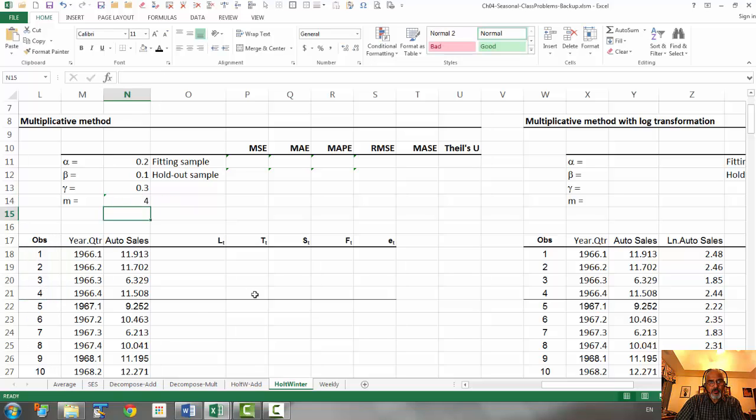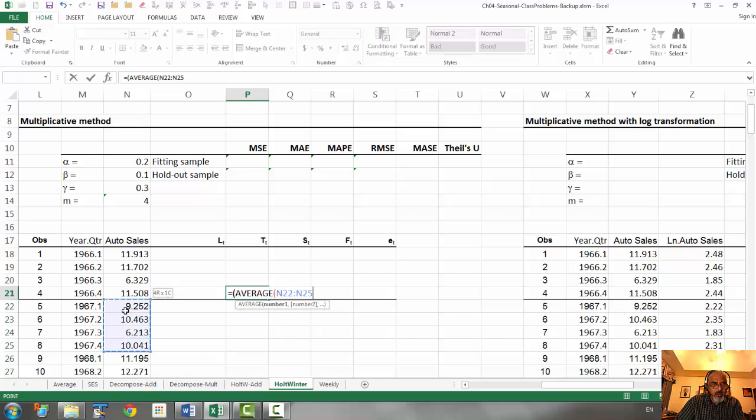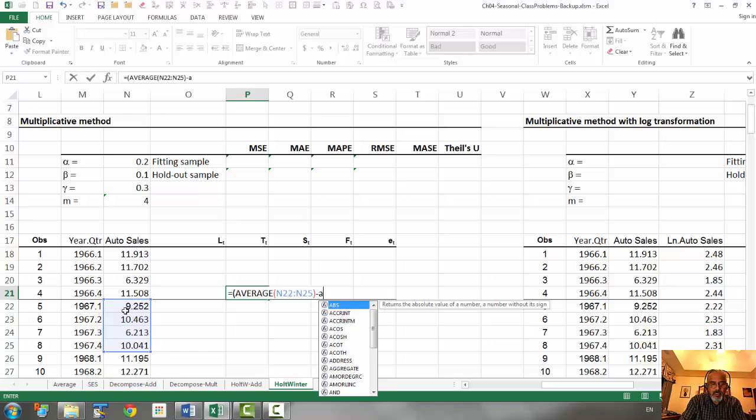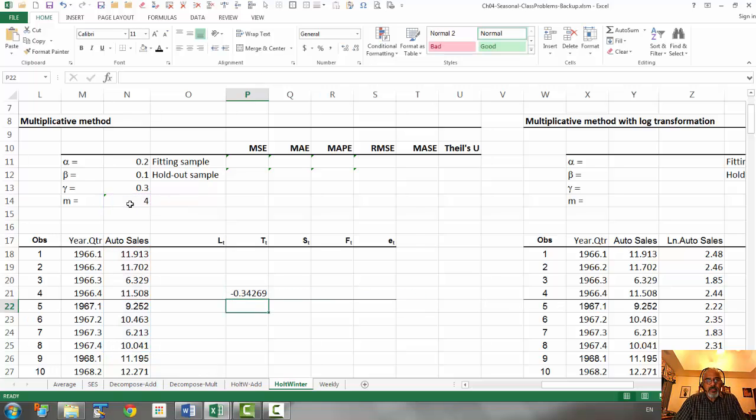Okay, we start with the initial value for trend, and that will start with the parenthesis: average of the second year minus average of the first year, and that gives us the amount of trend for 2 years. So you divide by m, that will give you trend for one time period.